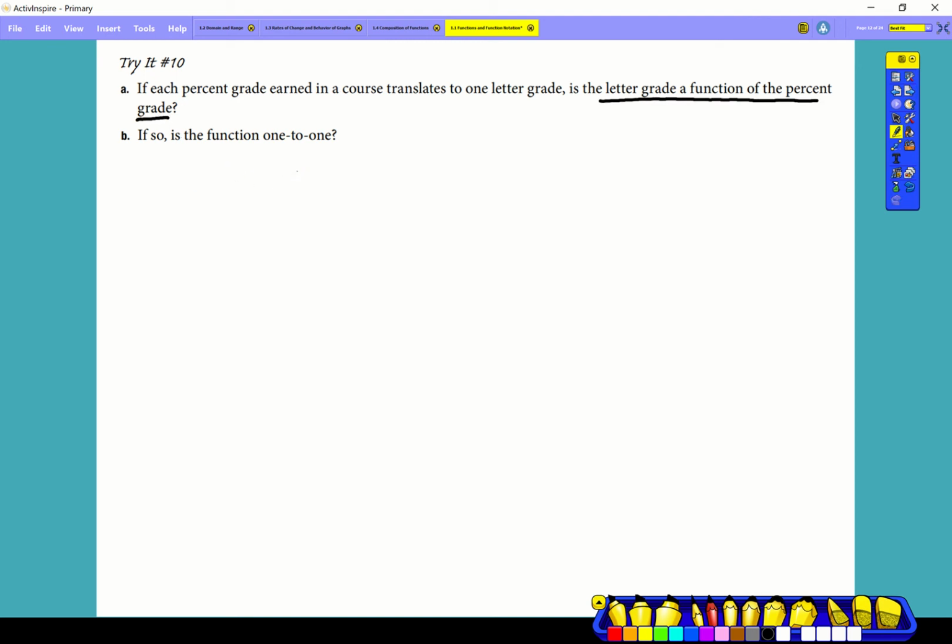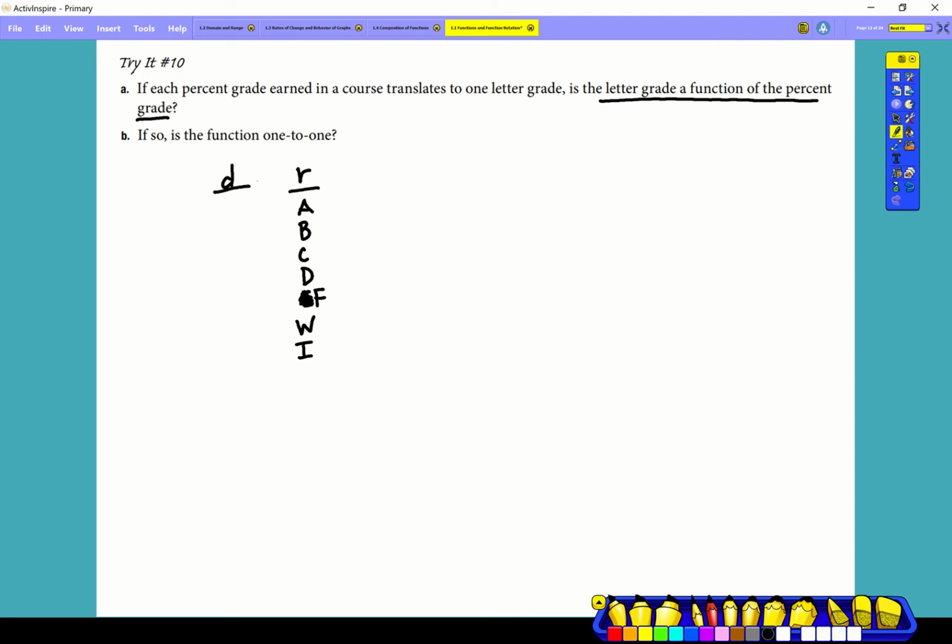So our range is the letter grade. Oh, I guess I don't have E at Richland. F. Or I guess they also have W, right? Or an I.